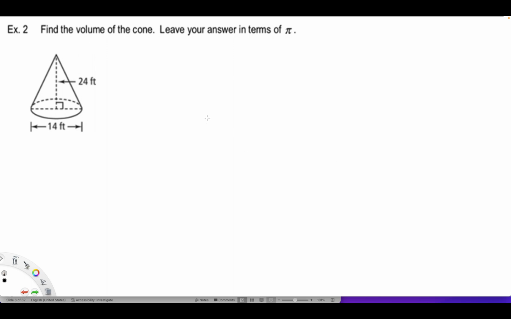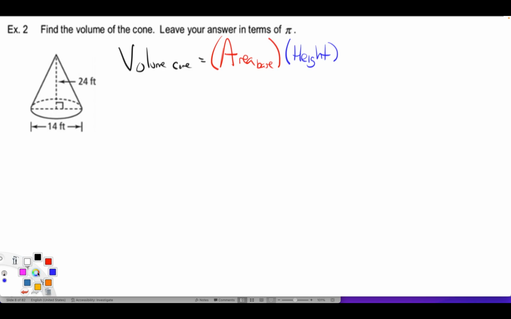This problem is asking us to find the volume of this cone, and the volume of a cone just equals the area of the base times the height, and that whole thing we're going to divide by 3.